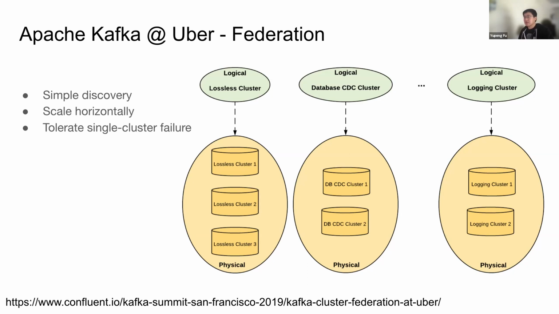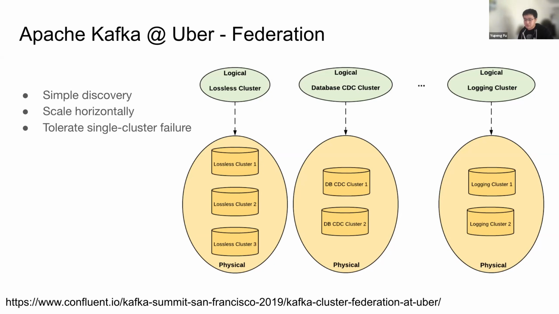But to simplify the discovery for the users, we have this concept of logical cluster and physical cluster differences. So that when the user wants to discover a Kafka cluster, they only need to provide the topic type information. And the routing layer built by the Kafka platform will navigate them to the right cluster.